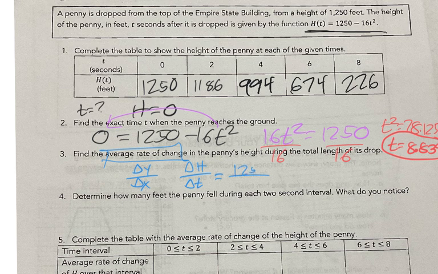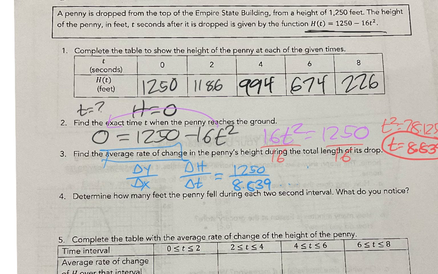1250. See why I didn't want to plug in y2 minus y1? Because we kind of know what those are. What's the change in time? How long did it take the penny to drop 1,250 feet? 8.839 seconds. And so this is my average rate of change. This is the slope. Could you have gone through the whole formal definition and done y2 minus y1?